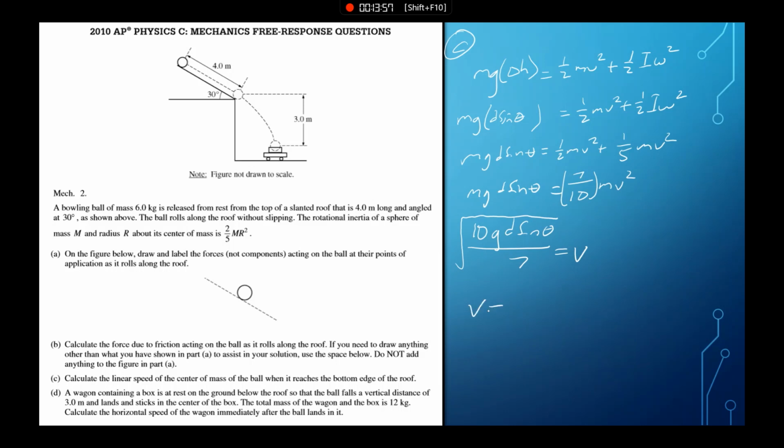So I got our velocity is equal to the square root of 10 times 9.8 times 4 sine 30 divided by 7. We've got a calculator.